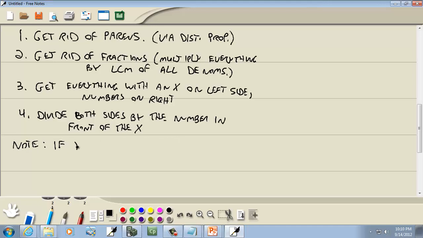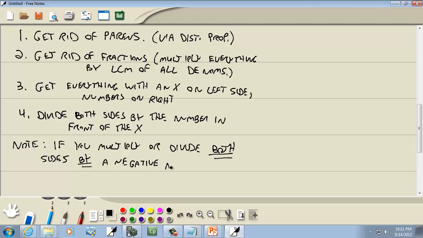It says if you multiply or divide both sides by a negative number, flip the inequality symbol.